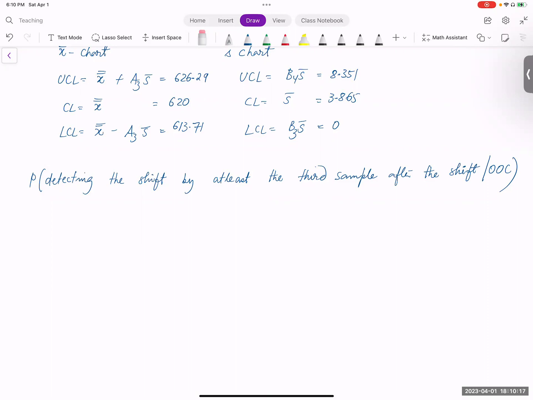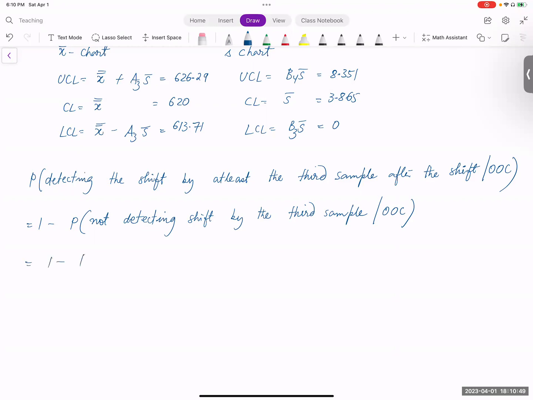Instead of using all of these different scenarios, I'm just going to say this is equal to 1 minus the probability of not detecting the shift by the third sample. This makes it easier because if the shift is not detected by the third sample, then it was not detected by the first one, not by the second one, and also not by the third sample.